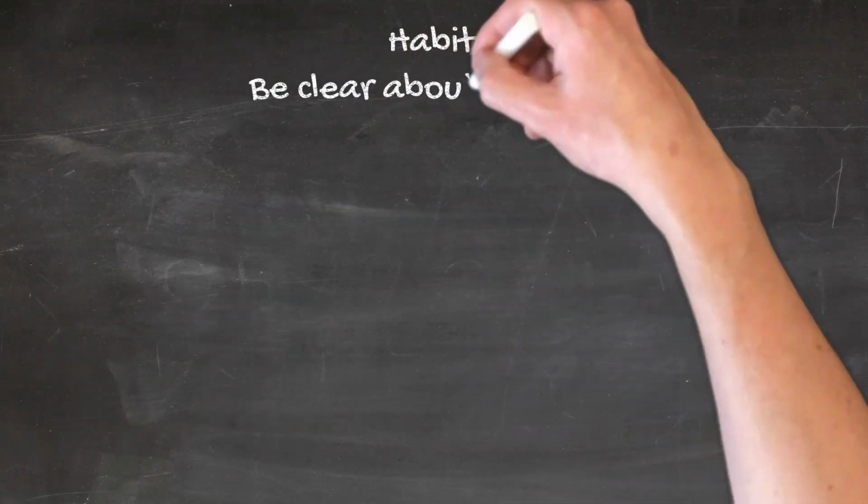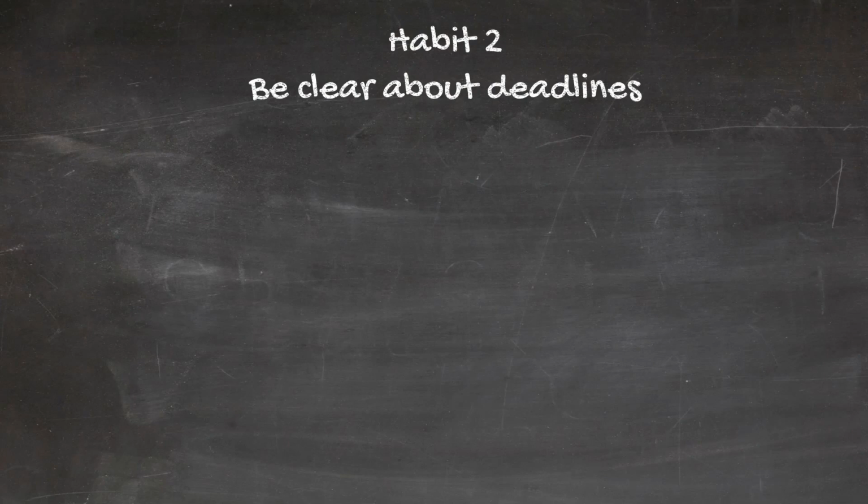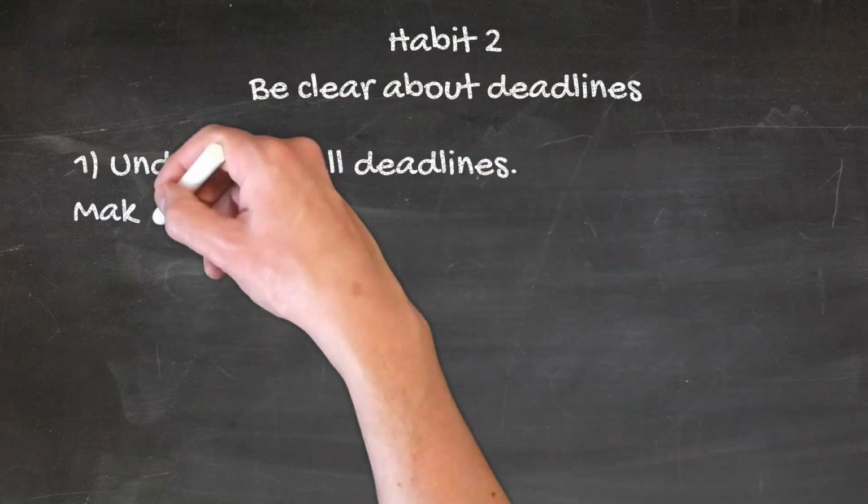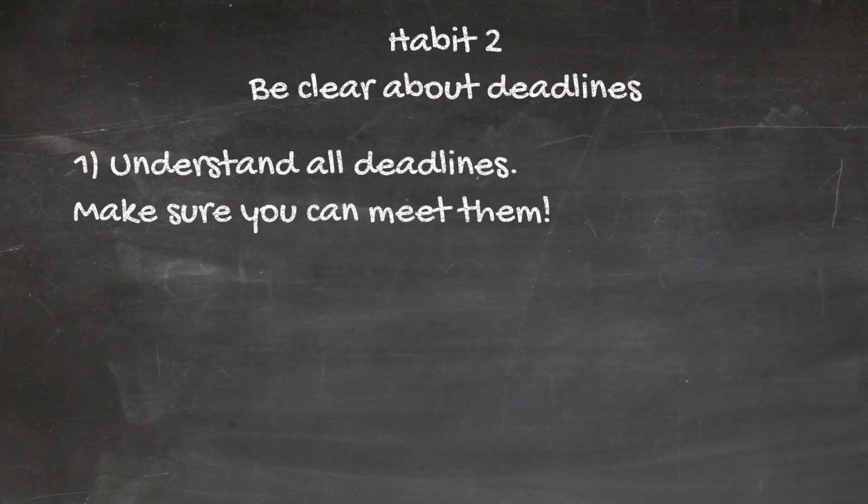Now, this last thing ties in nicely to the second habit that I want to mention. Be very clear and specific when you are talking about deadlines. And the 3 most important points about dealing with deadlines that I want to mention here are: first, make sure that you understand all the deadlines that are involved and make sure that you can meet them.